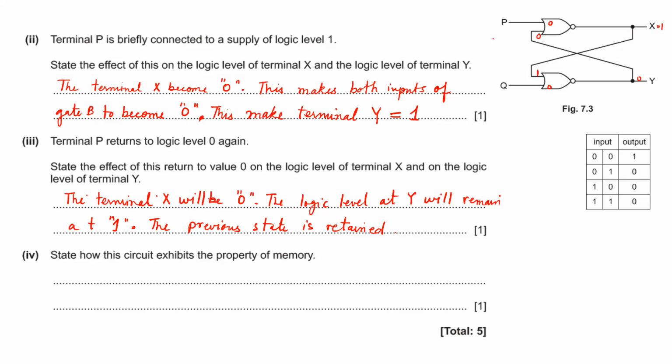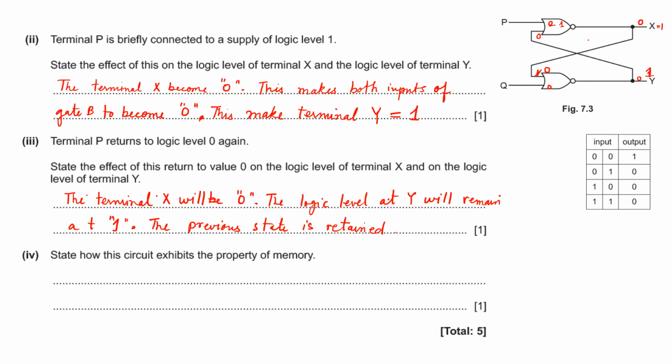Then my P changed from 0 to 1. What happened was that my X went to 0. So X 0 will come over here, so 0, 0, and my Y went to 1.